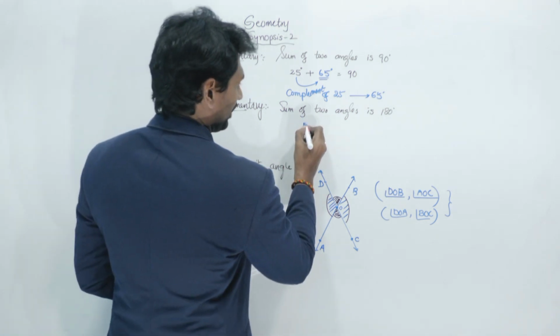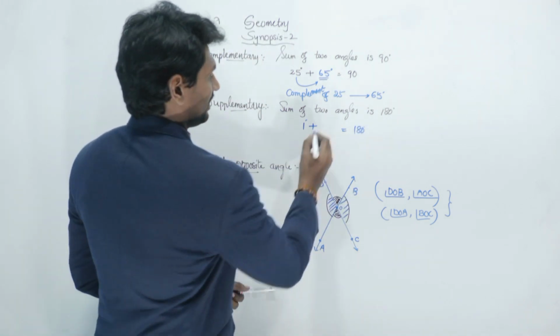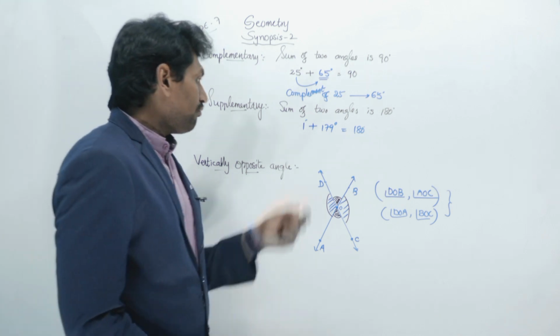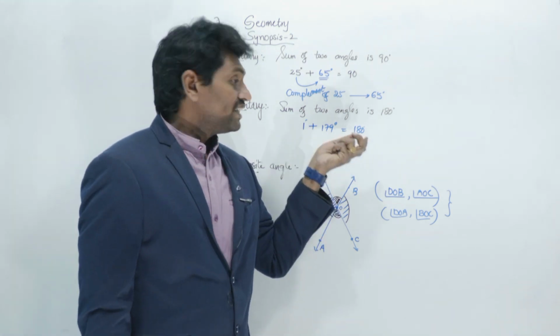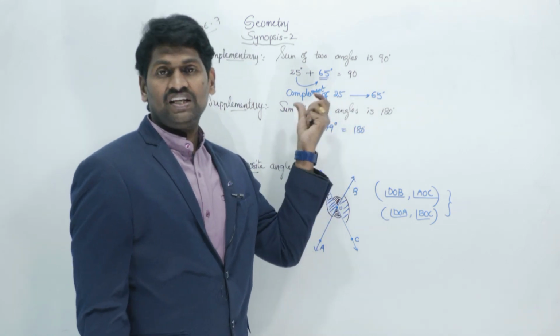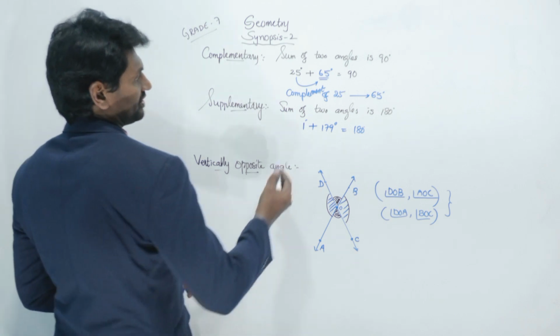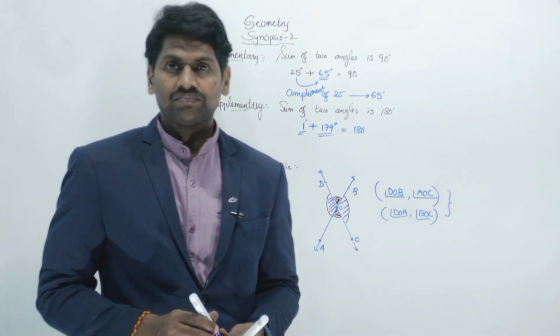For example, I am taking 1 degree. Then how much should I add to get 180? It is nothing but 179 degrees. So the supplementary angle of 1 is 179. The supplementary angle of 179 is 1. Okay? Right, if the sum of two angles is 180, then each angle is called supplementary to the other.